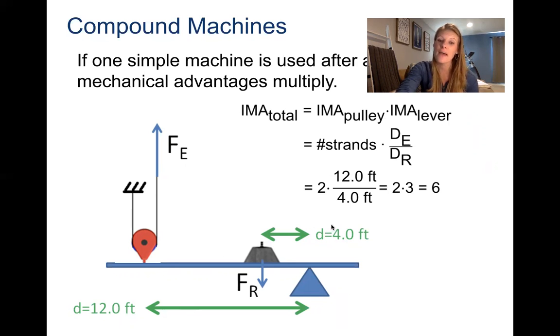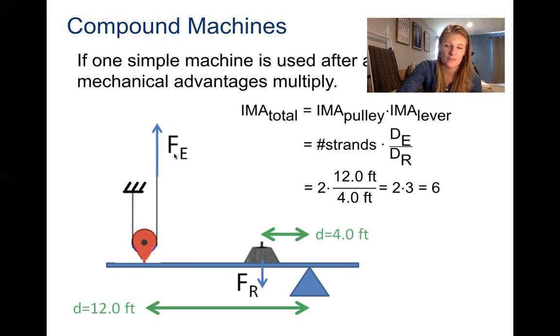So the thing that I'm actually given is the distances, so I'm going to be doing the IMA. The IMA of a pulley is however many strands you have opposing here. I have 1, 2. I have 2 strands here. So my IMA for the pulley is 2. The IMA of the lever, remember, is IMA equals DE over DR, the distance of the effort force.